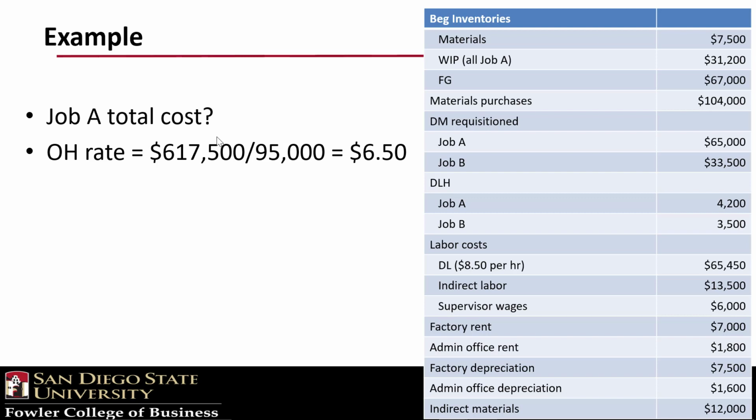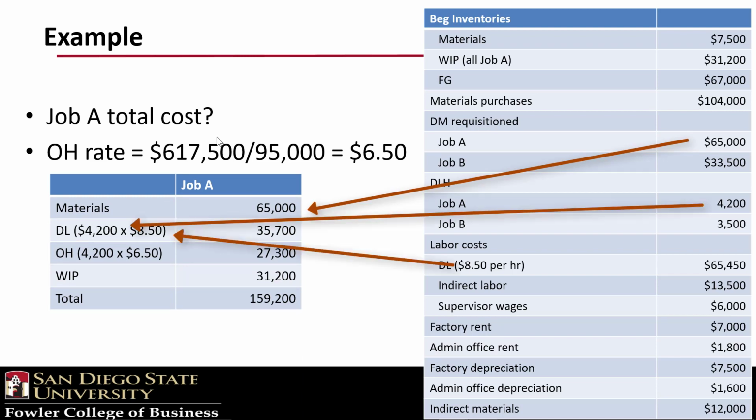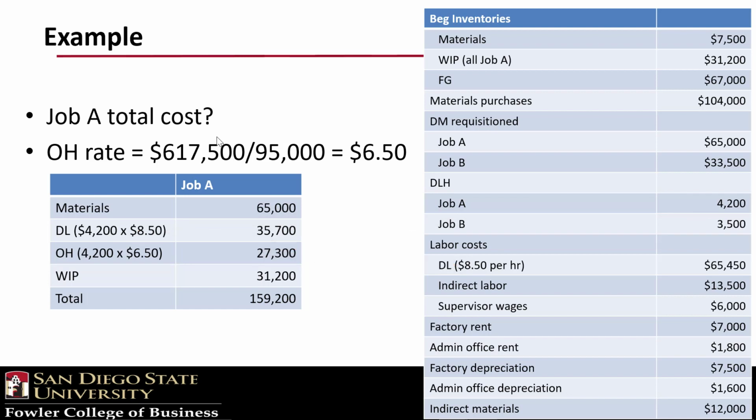Okay, we can use this now to aggregate the total costs for job A. So job A's material costs is 65,000. The direct labor costs are 4,200, not dollars, but direct labor hours, times $8.50 per hour. Overhead is the same 4,200 direct labor hours times our predetermined overhead rate of $6.50.